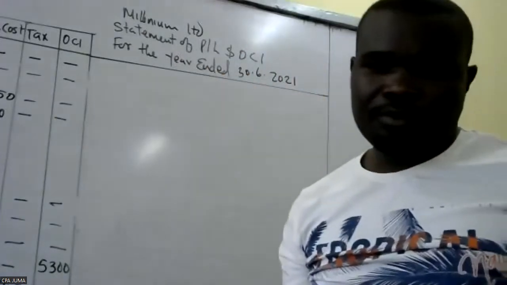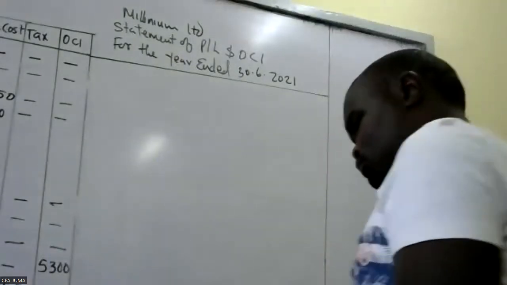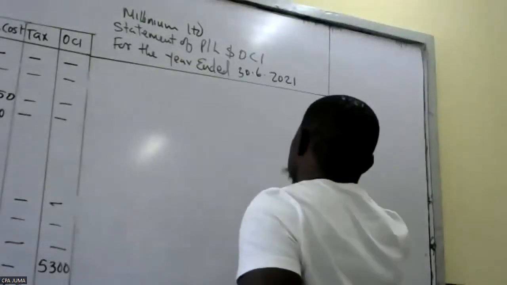So I have one column. Shillings are in thousands.